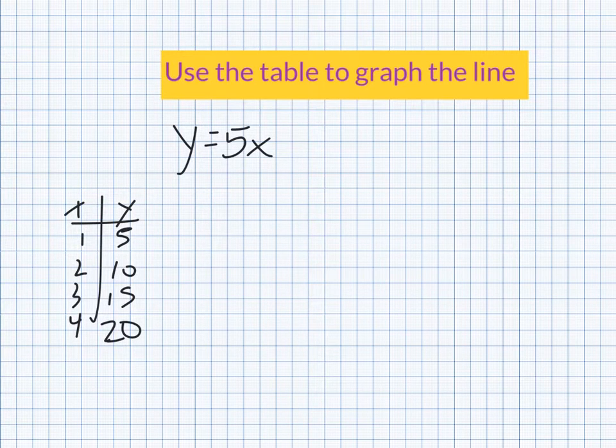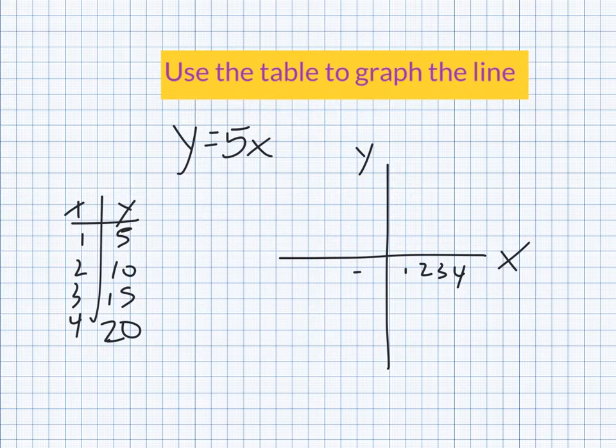Alright guys, here's that next problem, y equals 5x. Why don't you go ahead and graph the points and create a line. Hit pause, hit play when you're ready. Alright, let's see here. I'm going to start with my graph, label my x and my y. I'm going to count my x's by 1s, both positively and negatively.